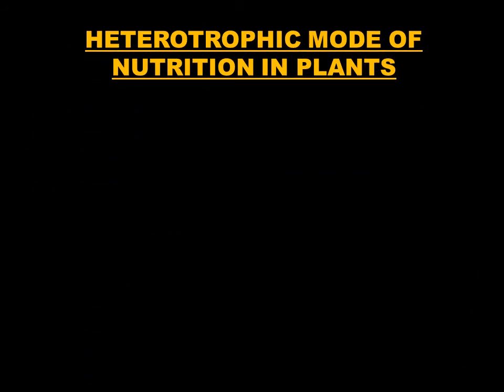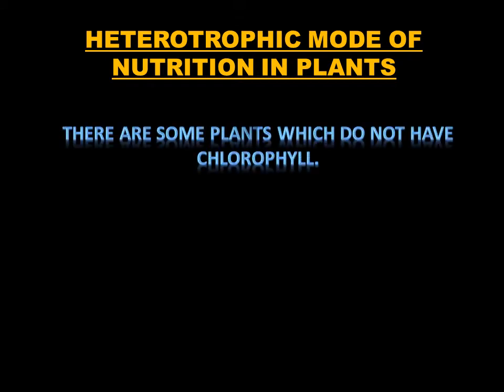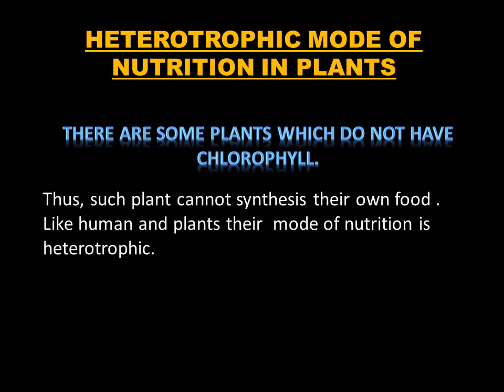Nutrition modes in plants. As I told you, autotrophic and heterotrophic modes are there. Some species of plants are heterotrophic. There are some plants which do not have chlorophyll, so obviously they cannot synthesize their own food.